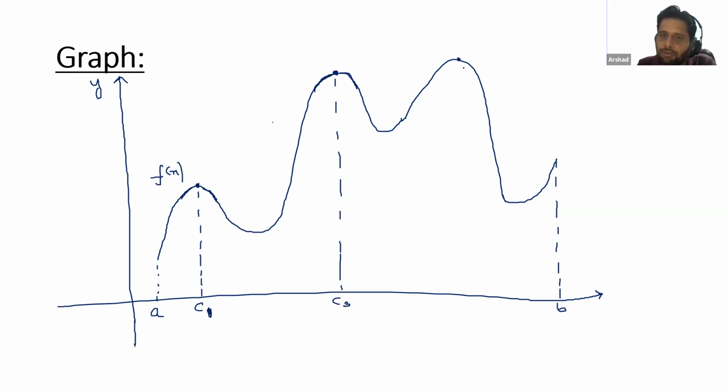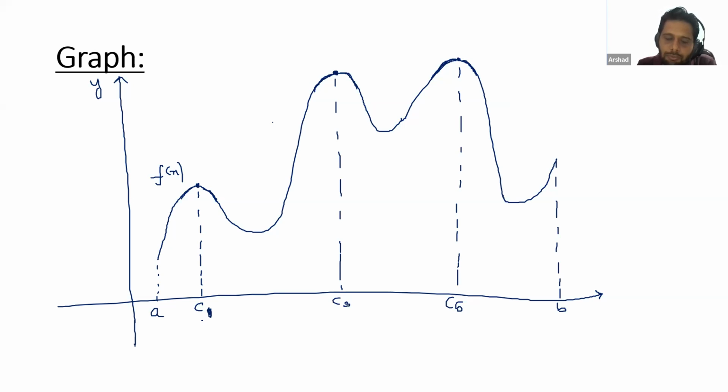Similarly at this one, the function has a value greater than the neighboring points.